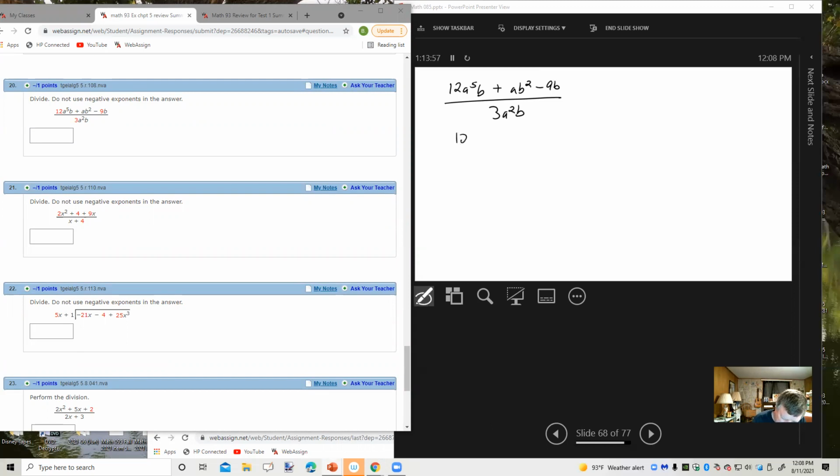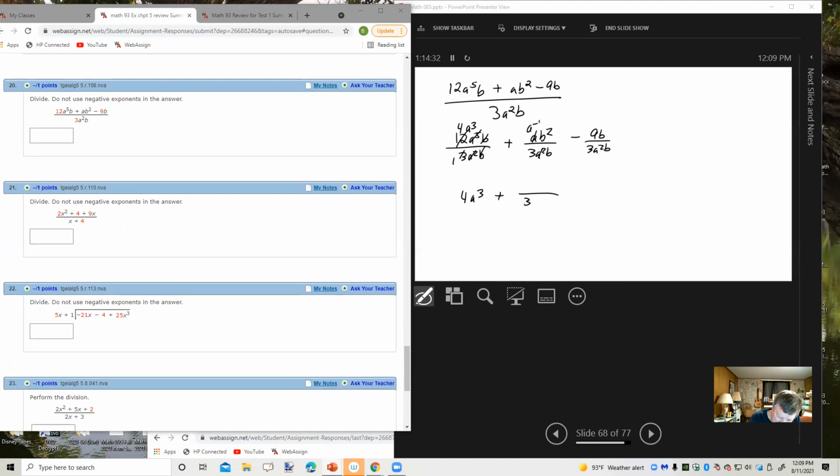Okay, so I've got 12a to the 5th b over 3a squared b plus ab squared over 3a squared b minus 9b over 3a squared b. So I want to reduce each fraction and write it with no negative exponents. So 12 over 3 is 4 over 1. A to the 5th over a to the 2nd is a cubed, and b over b is b to the 0 or just 1. So I get 4a cubed plus, I'm going to have a 3 in the denominator.